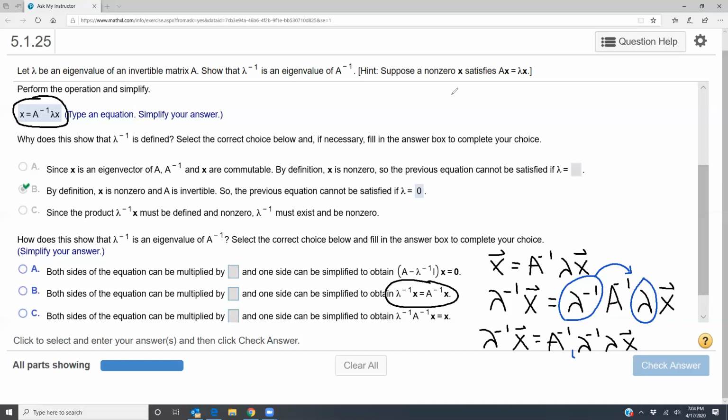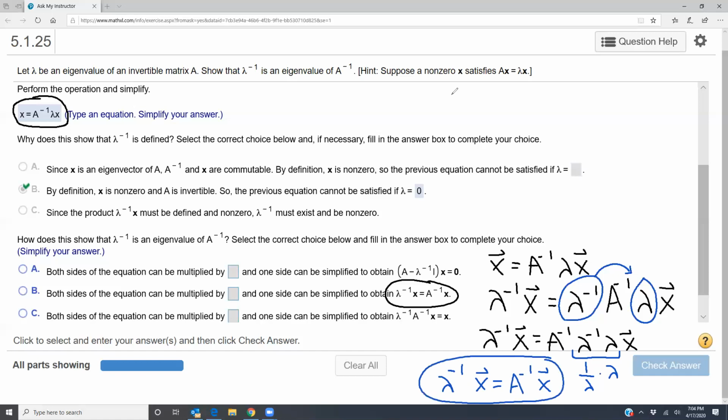Now, the lambda to the negative 1 times lambda, that's really the same as saying 1 over lambda times lambda, which is a 1. And so that's going to leave me with, let me write that a little better, lambda to the negative 1 times x equals A inverse times x.